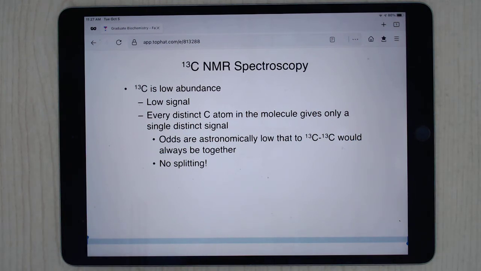So essentially, in carbon NMR, unless you actively put them in there, you're not going to get any splitting, because the likelihood of having carbon-13s right next to each other is exceedingly low. So we don't have to worry about splitting.